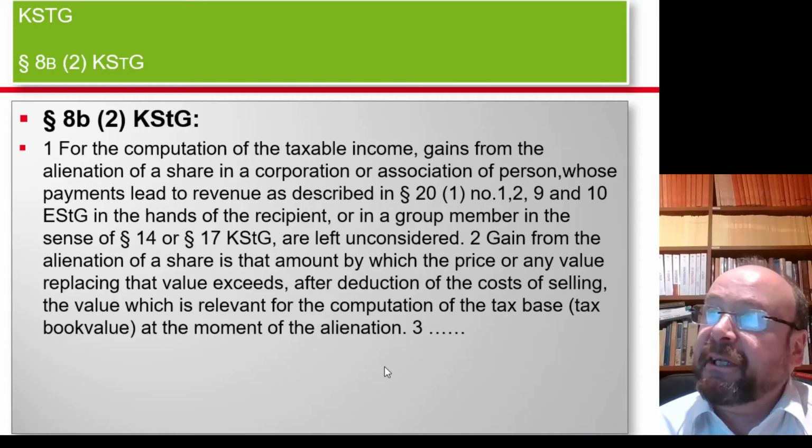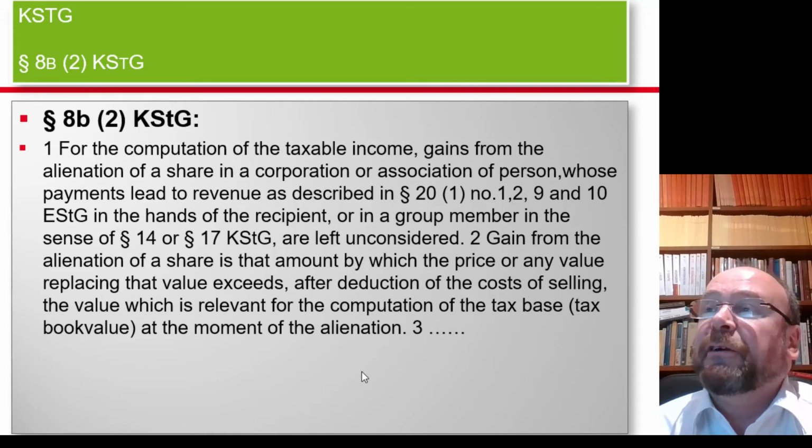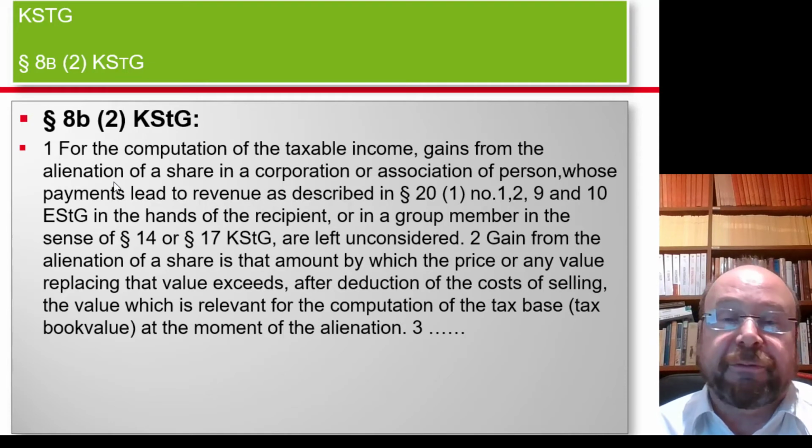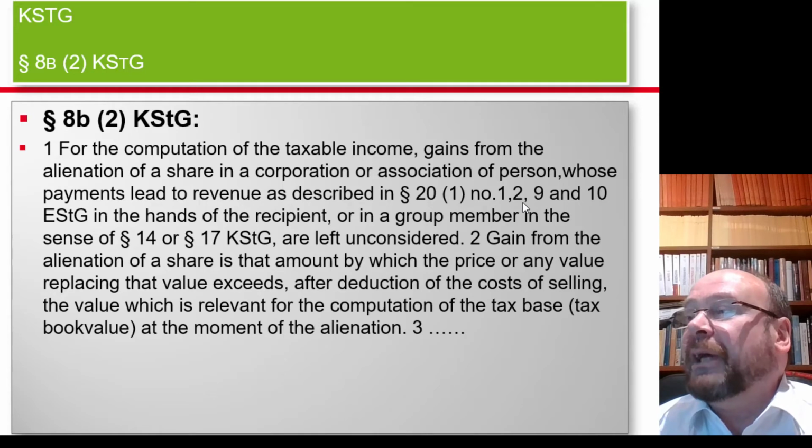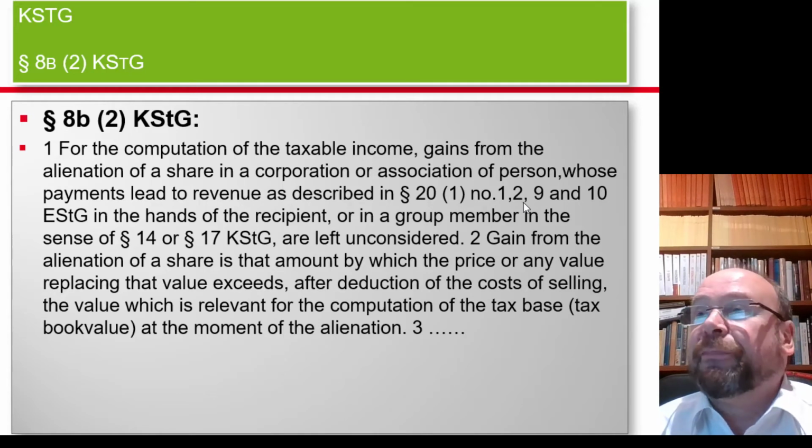Yeah, here we have it, 8b2 KStG. For the computation of the taxable income, gains from the alienation, so from giving away, from selling of a share in a corporation or association of persons whose payments lead to revenue as described in 21 number 1 to 9 or 10. Let me translate.